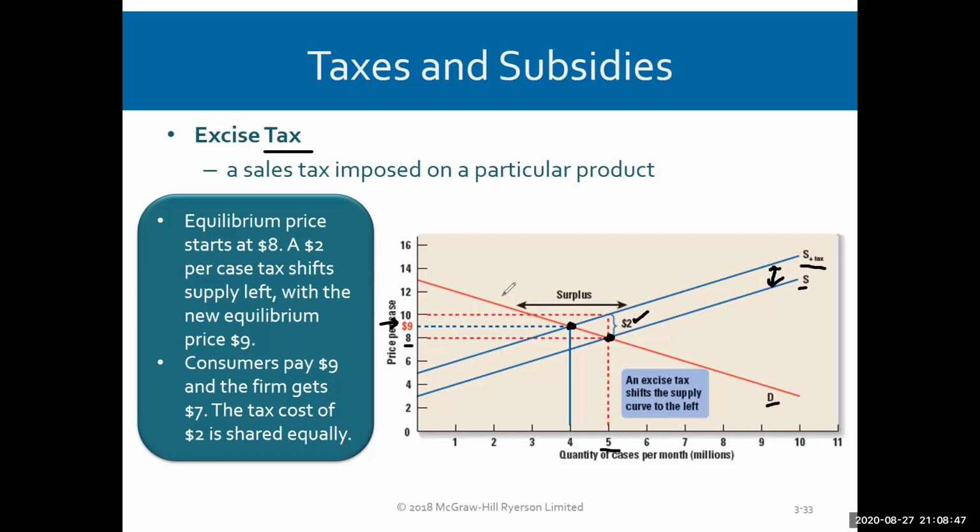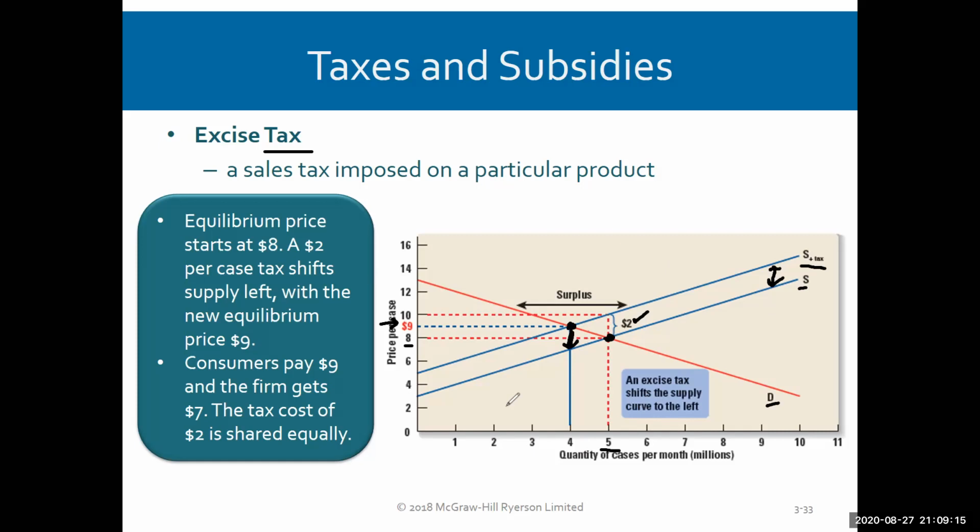From the producer's point of view, they now receive $9. That's what they get from the consumers, but remember, they have to pay the $2 tax, that's this distance, to the government. So they collect $9, but they pay $2 to the government, so they're only getting $7 for the product now.